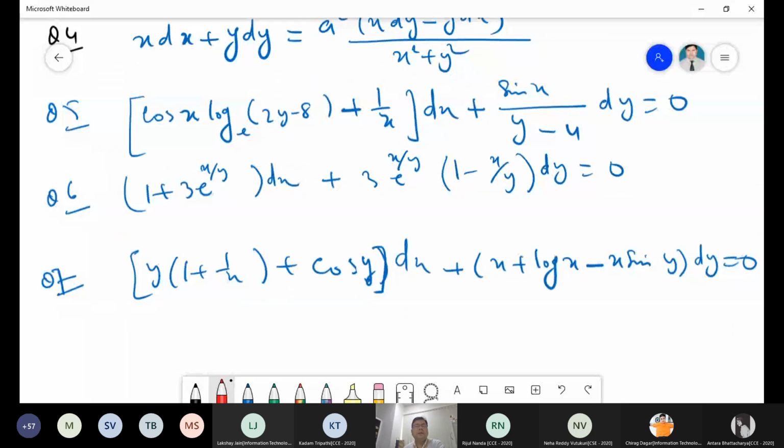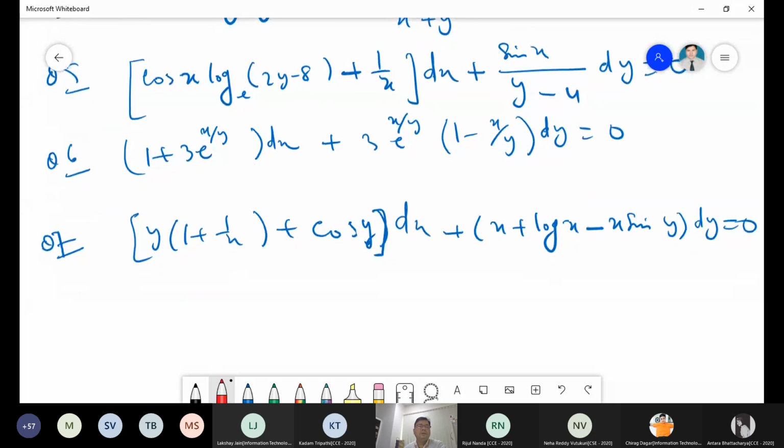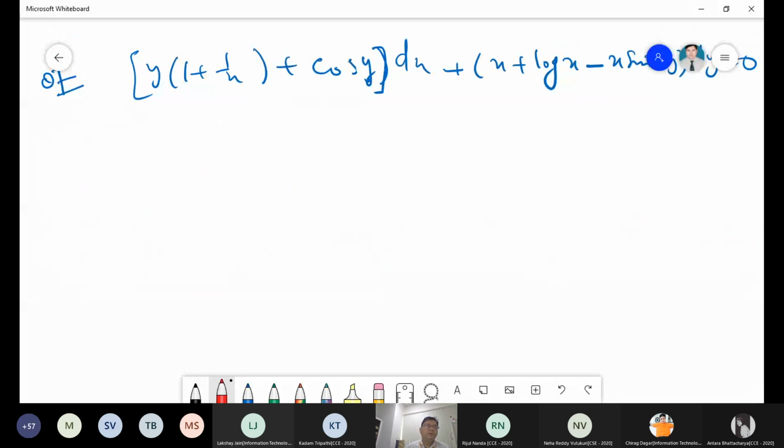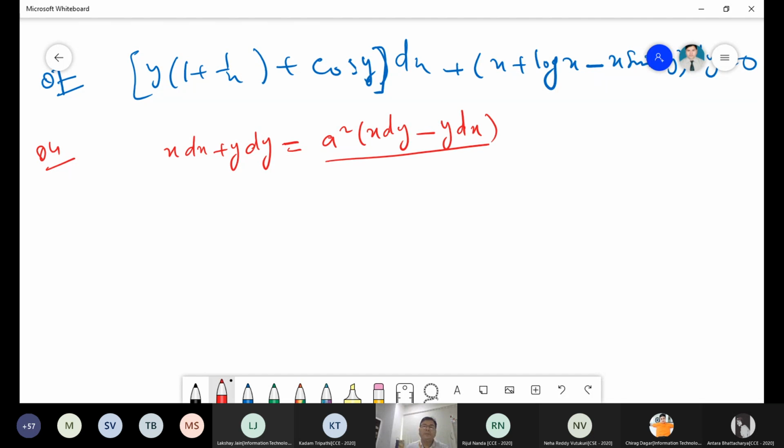I'm writing this equation, question number 4, because I'm giving the good questions after that. This is x dx plus y dy, and this is equal to a square times (x dy minus y dx) divided by x square plus y square, correct na?